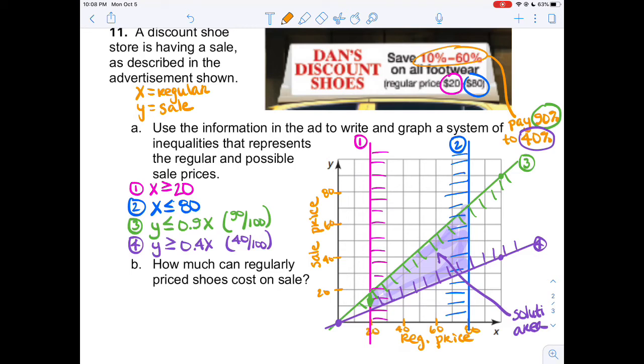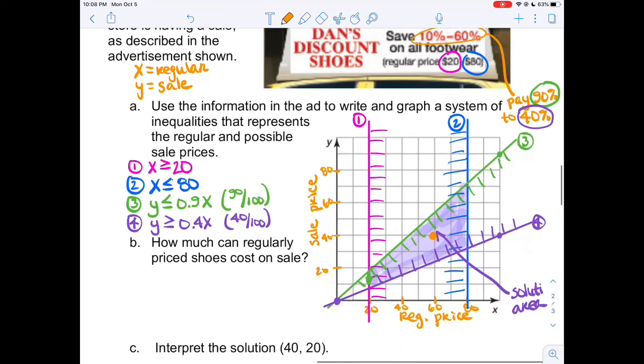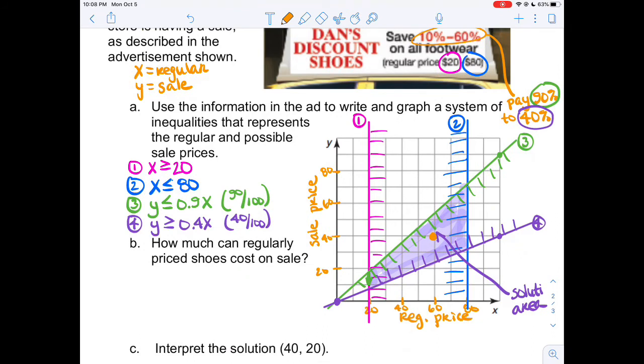I'm going to go ahead and pick a point that's at a regular price of 60 and a sale price of 40. So this is just a sample solution. You could have picked any point that's in that shaded region, just to be clear, but a sample solution would be 60, 40.